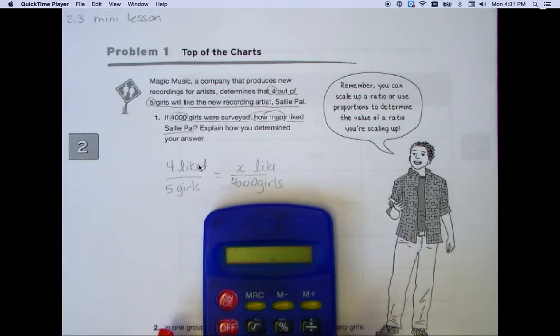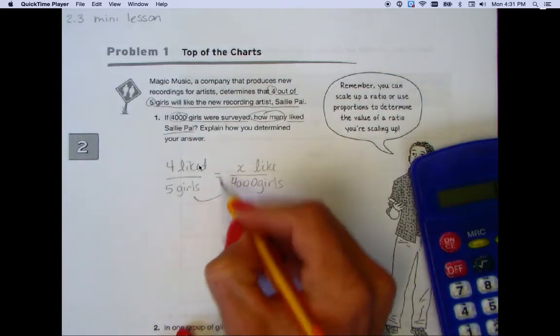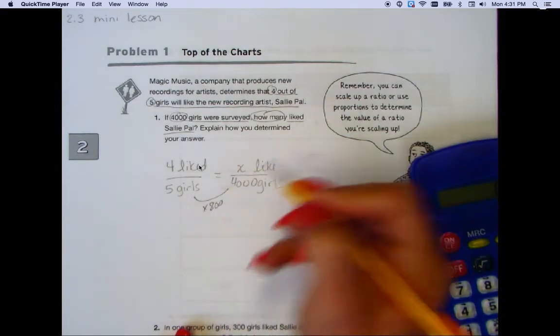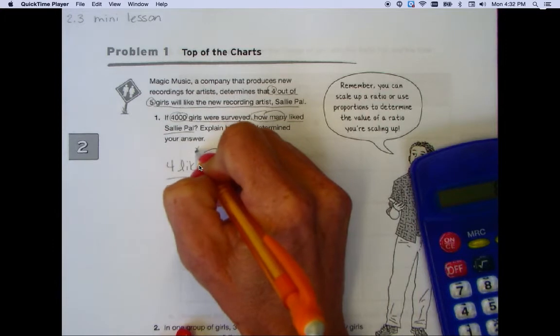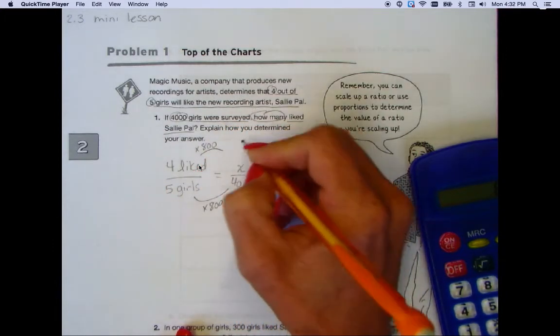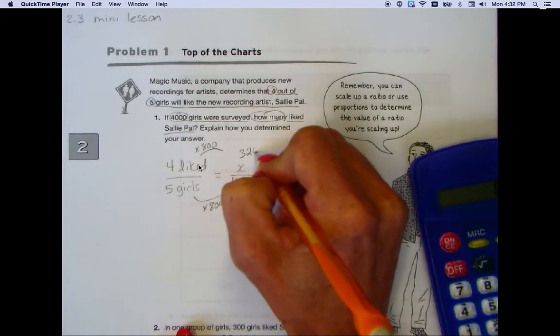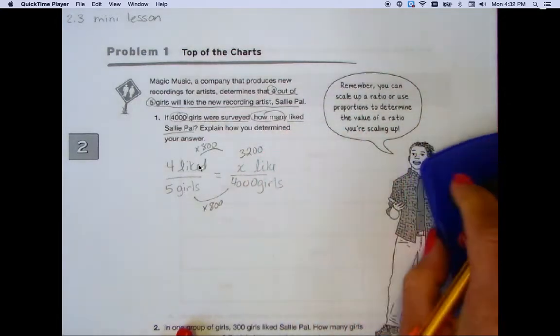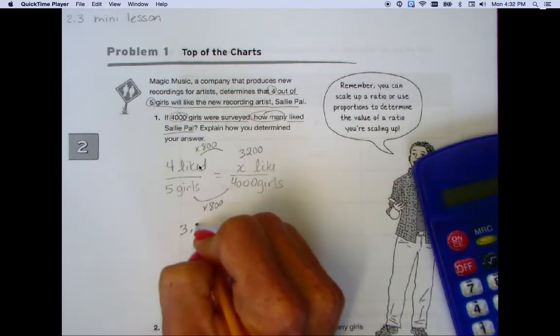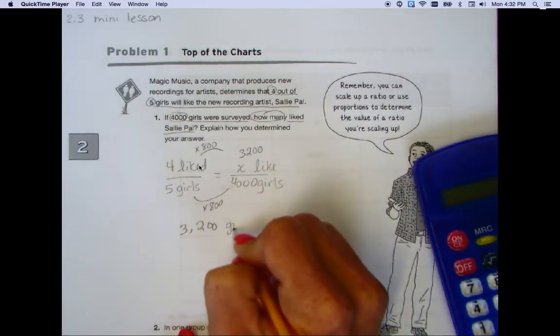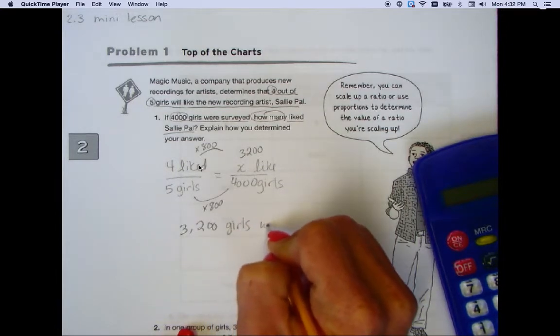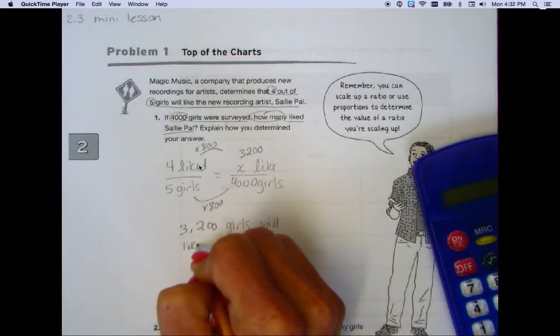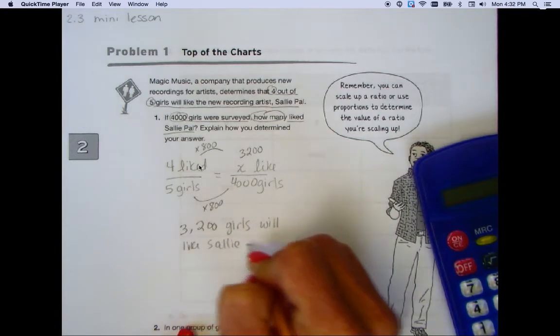And I can easily see that 4,000, if I divide that by 5, 5 times 800 gives me 4,000. So 4 times 800 gives me 3,200. So I have 3,200 girls will like Sally Pal.